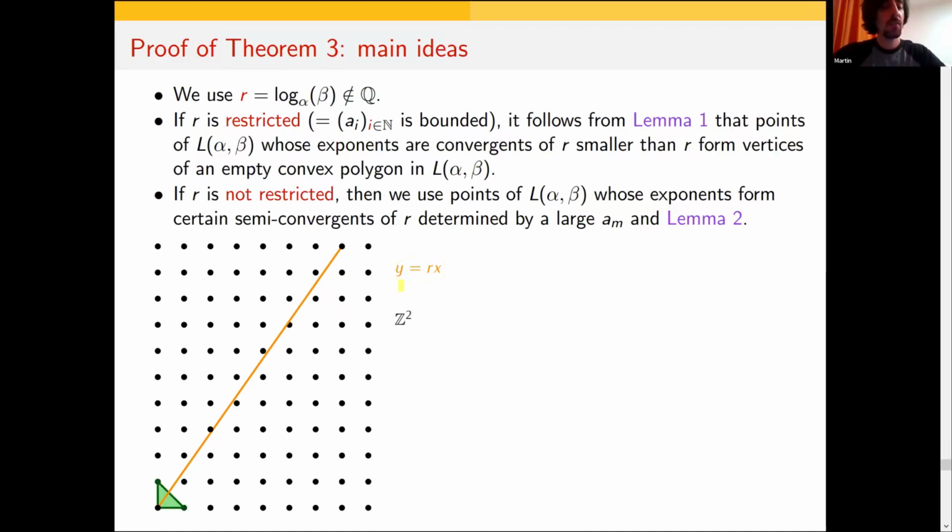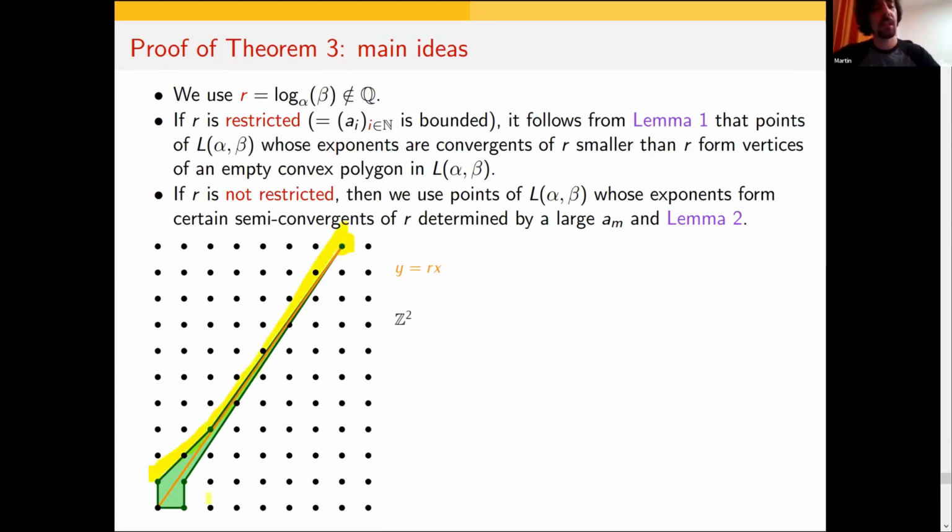And if I take the first two convergents, then together with the origin, they will give me this triangle. Then I can take the third convergent. This will give me this third green point, and I have this square. Then I take the fifth one. So this is this one. And as you can see, I'm constructing some area, some green area. Then I take another convergent. This will be this one. And altogether, what I'm doing is that I'm constructing two convex chains.